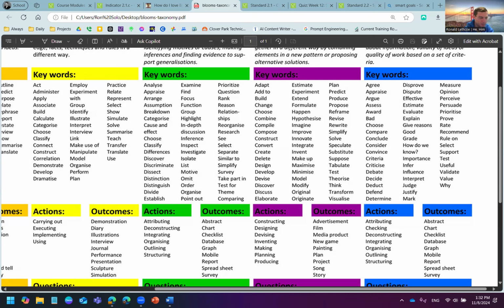So for this PLO, model effective communications, I would like you to break down this effective communication. What do you think are the specific skills in order to model effective communication?